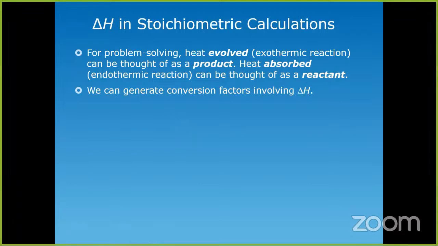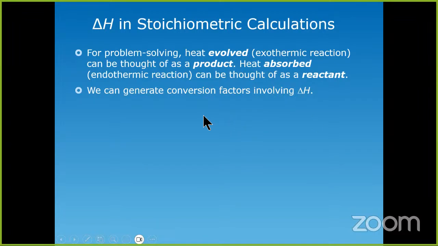First of all, for exothermic reactions, heat is produced, so we can treat heat as a product, just as we treat chemical substances formed in a reaction as products. And then, of course, when heat is absorbed in an endothermic reaction, we can treat heat as a reactant, all right?